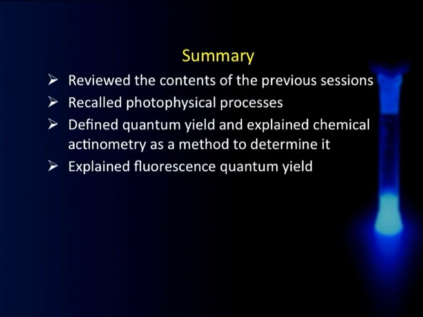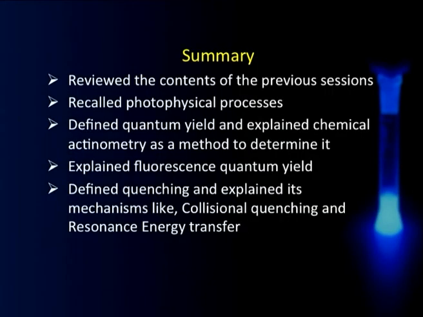Thereafter, we explained fluorescence quantum yield and tried to differentiate it from the quantum yield we defined earlier, since fluorescence quantum yield comes into play when an excited molecule decays only by photophysical processes. Thereafter, we defined quenching and explained its mechanisms, like collision quenching and resonance energy transfer.